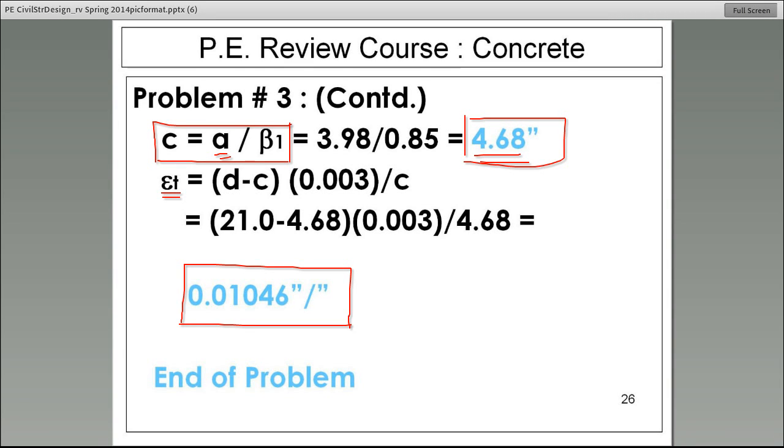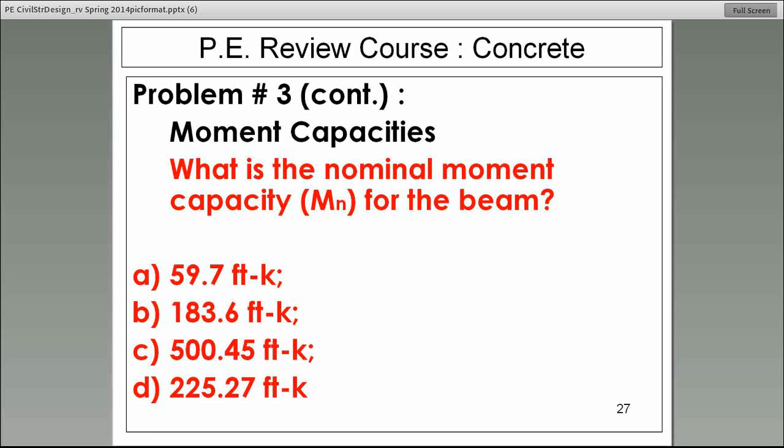So how does this connect to what we're doing? Well, in order to decide whether the steel fails or the concrete fails first, we need to know the strain that's produced in each, either in concrete or steel, at the time that it fails. All right, we'll talk about that a little more later.